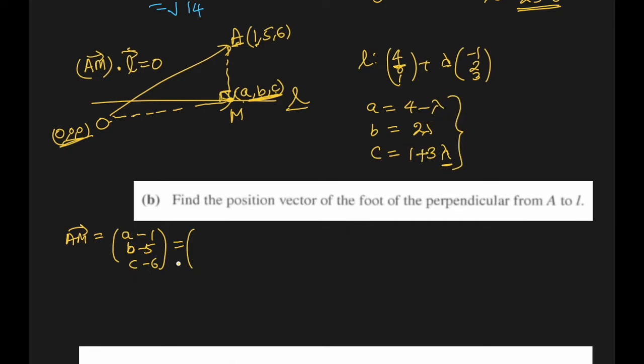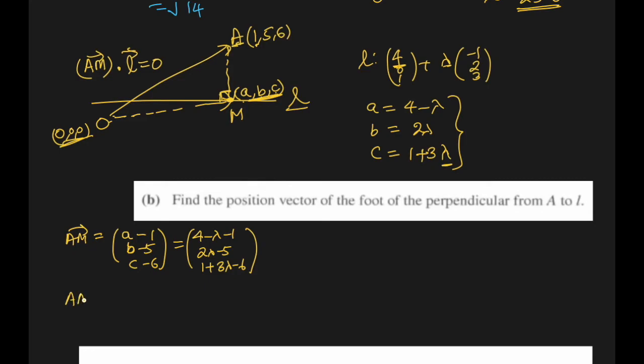Here we have 3 variables, and lambda is 1 variable, so it's better to convert them to be in terms of lambda. So 4 minus lambda minus 1, 2 lambda minus 5, and 1 plus 3 lambda minus 6.